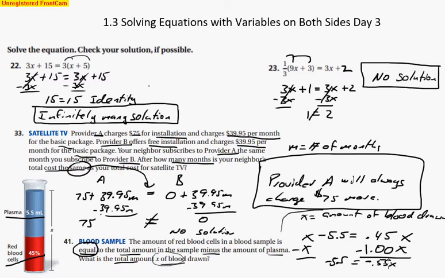I move this one over 2 spaces, and so it's really 55 into 550, and that would go 10 times. So 10, and then the units, milliliters. See right here are the units that I use. So 10 milliliters is the amount of blood drawn. So those are the types of problems you're going to see on the homework. Good luck.